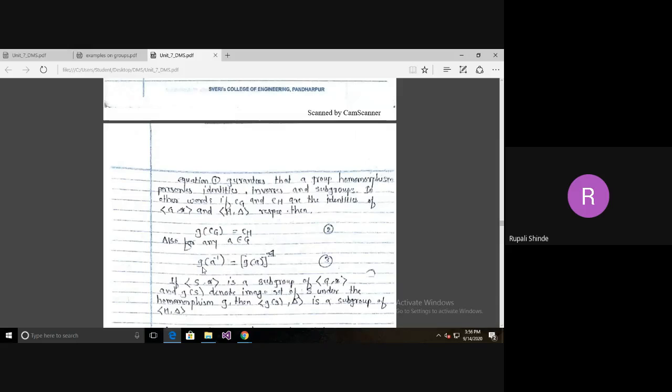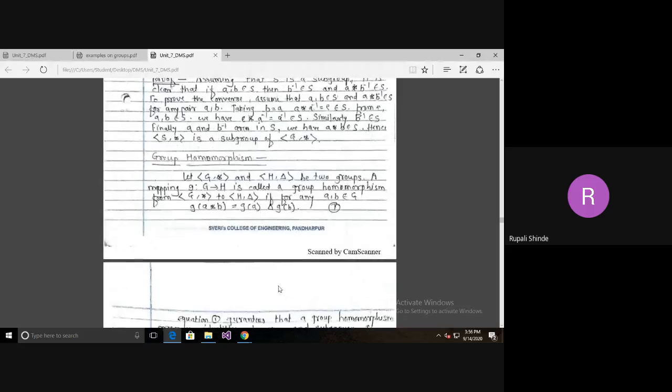If you apply function g on the inverse of any element a, you will get (g(a)) raised to inverse. So these are the three conditions required for group homomorphism.